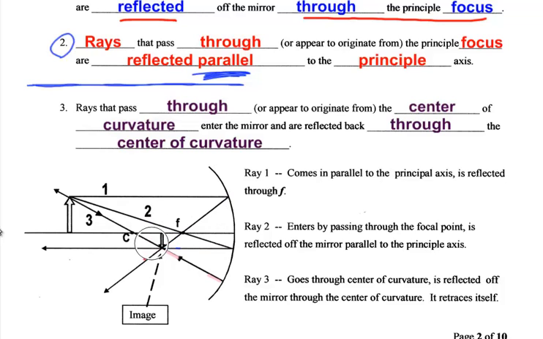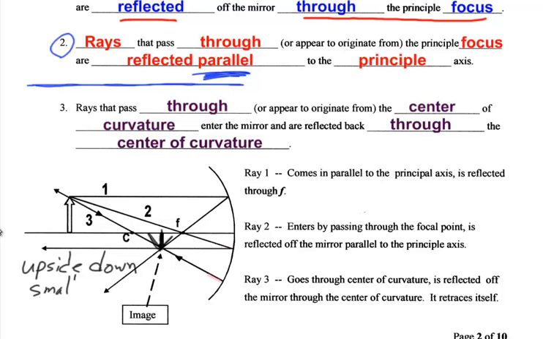They intersect right here. And what that tells us is that this here is going to be the image that our brain sees. So this image is upside down.